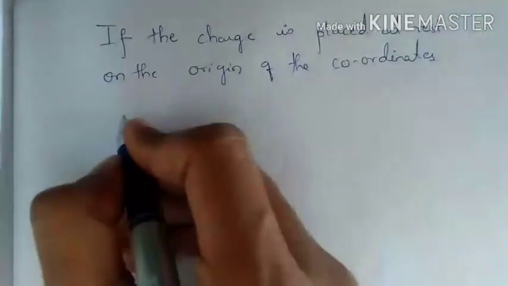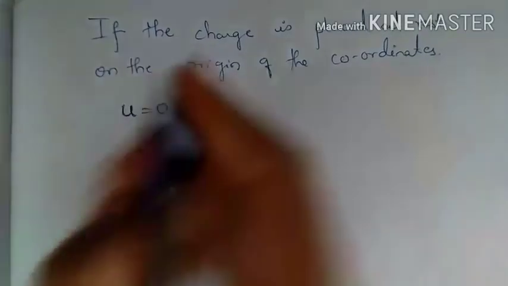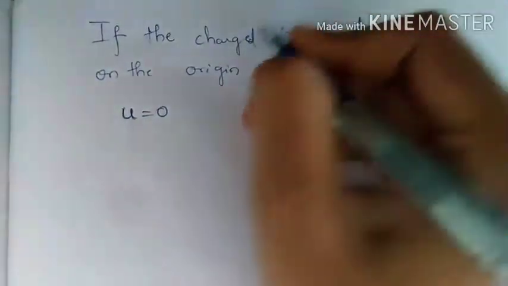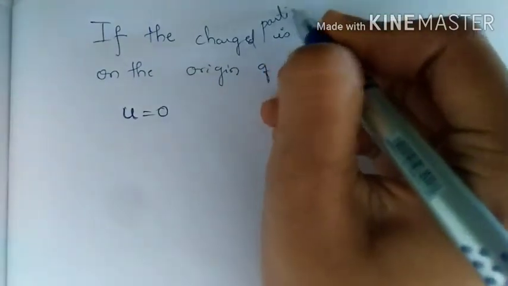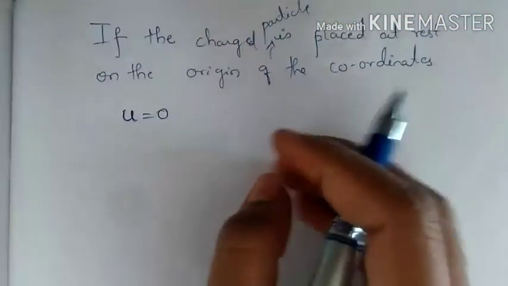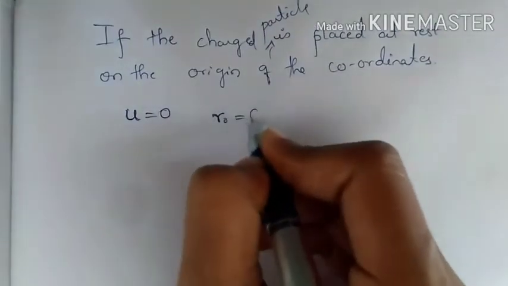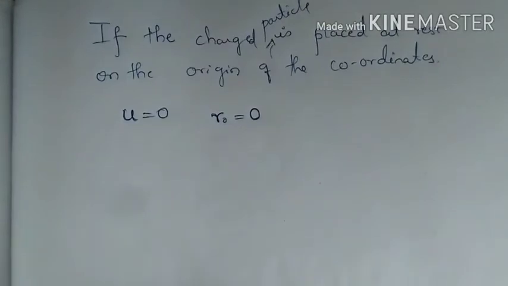Then the initial velocity u will be 0 because the charged particle is at rest, and the initial displacement r0 will again be 0.